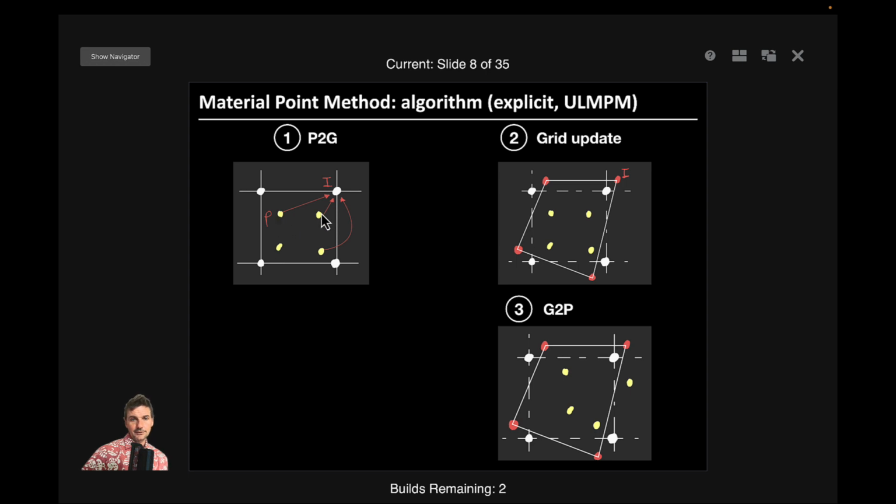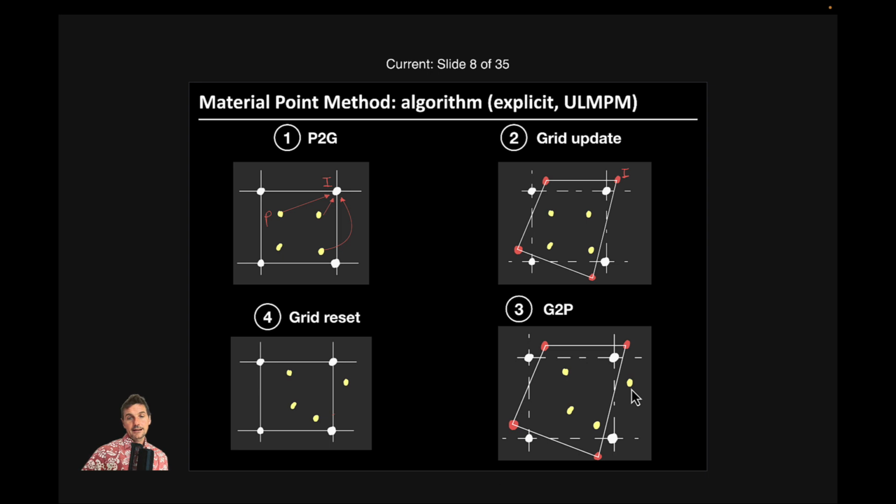So we have the points, particles to grid. Now we have the data here, we can move the grid. Okay, now that we have the grid, we can project back to the particles, grid to particles, and the particles can then move forward and we reset the grid back to its original position and we keep going.